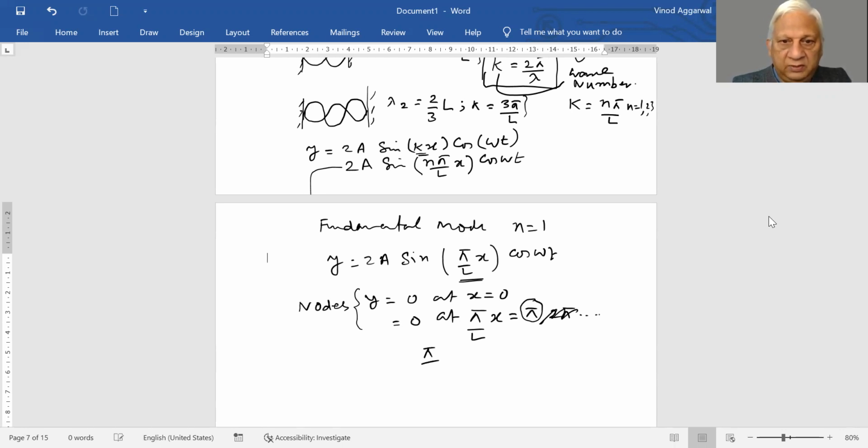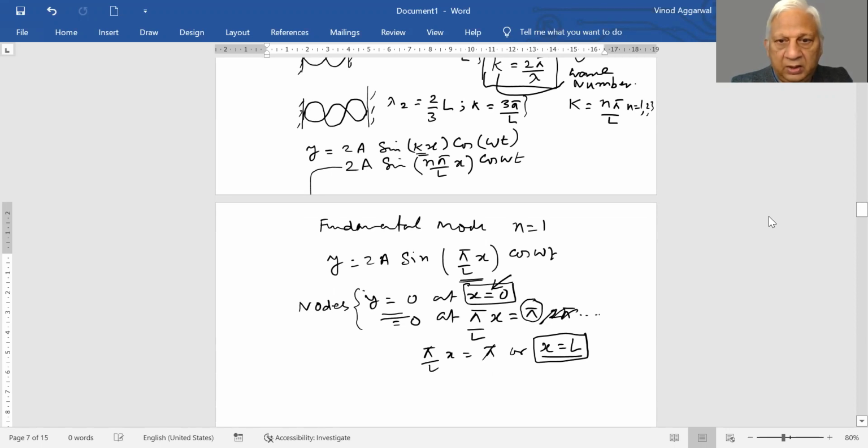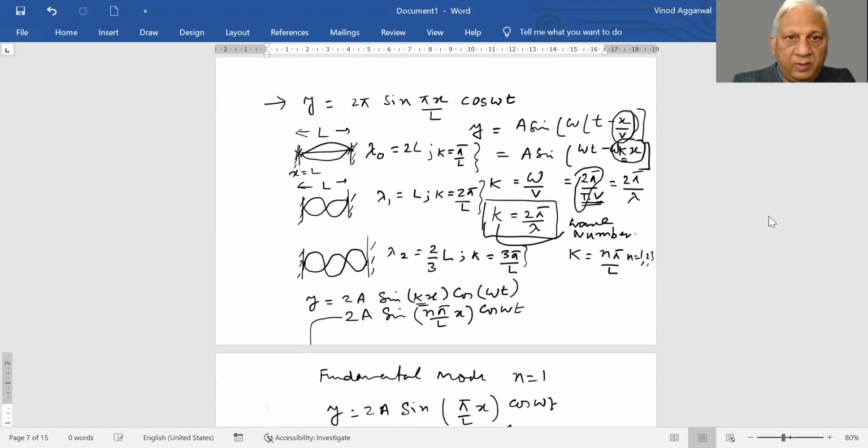So here what we'll have is x is equal to 0 or x is equal to L. These are the two boundary conditions: y is 0 at x is equal to 0, which is at this place, and the second boundary condition is x is equal to L. Here also our y is 0, which is this place, x is equal to L. This is our fundamental mode.